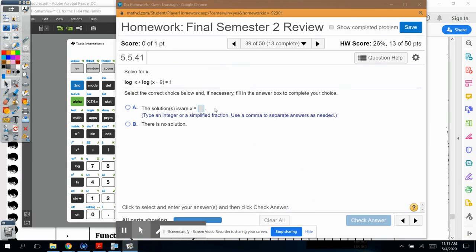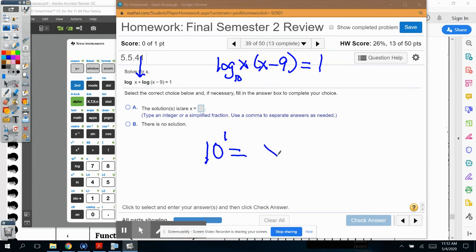Okay, this one, you will use the properties of logarithms and change this addition to multiplication. x times x minus 9 equals 1. You'll remember that the base is 10 and you'll rewrite it. So it'll be 10 to the first power equals x times x minus 9.